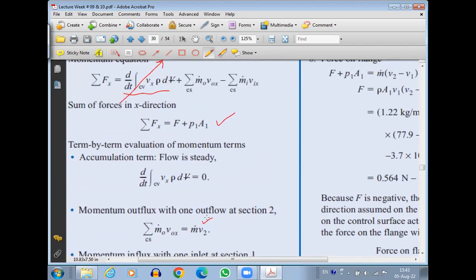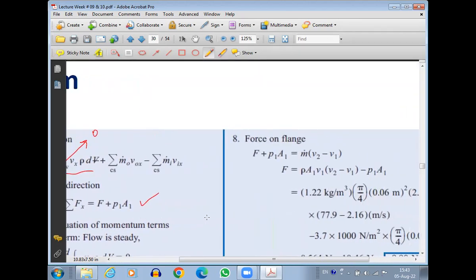How can we find out m dot? Because m dot is rho A v. Whether we take m dot 1 or m dot 2, it will be the same m dot. So if we take 1, then we should use 1, 1, 1. We know the area 1 because we know the diameter at the inlet.